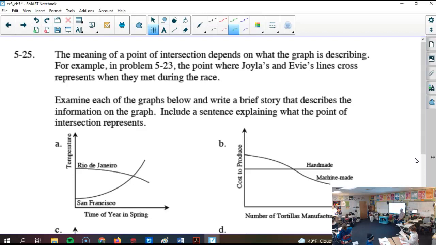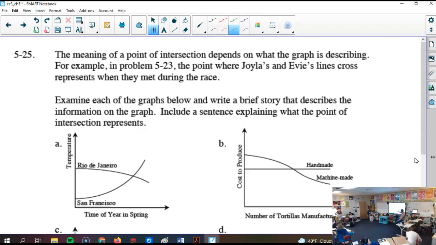Such as, when will my business be profitable? If I'm starting a small business and I'm trying to do the math of costs and expenses and then money coming in, the point of intersection is going to tell me when I actually make profit, versus when I'm just losing money. And if all I ever do is lose money, I'm going to lose my business.